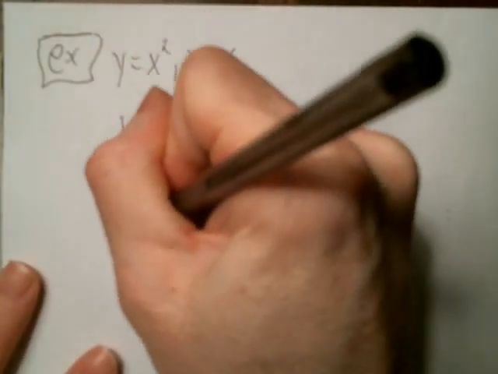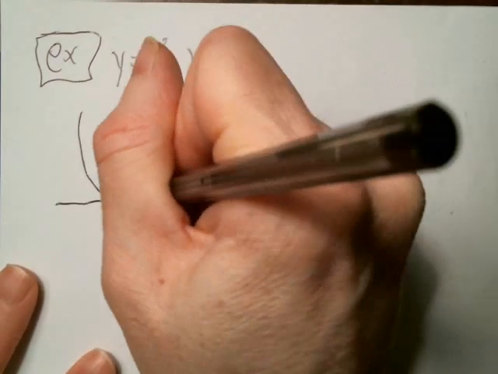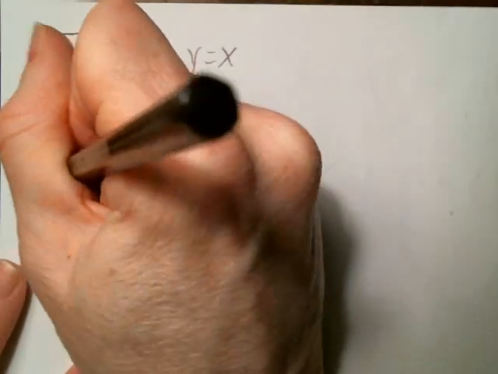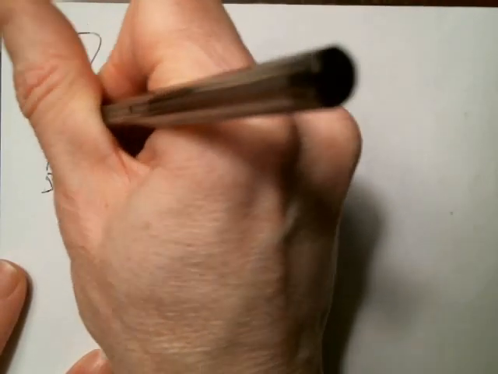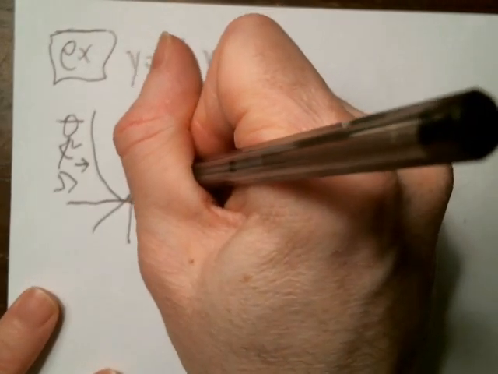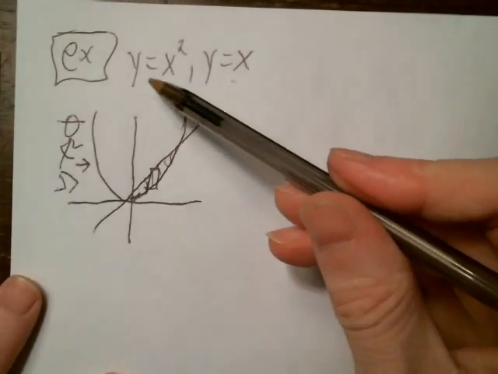So the picture is like this. I'm trying to find this region here. My orientation is like this, and my little rectangles are in here somewhere. So the top curve is this curve, the bottom curve is this curve.